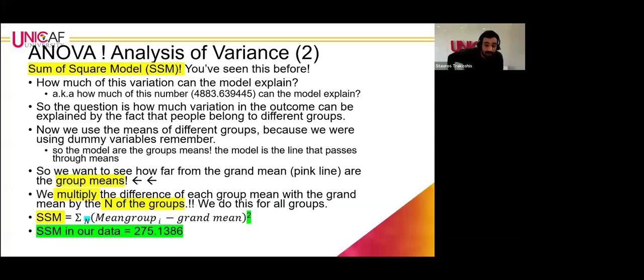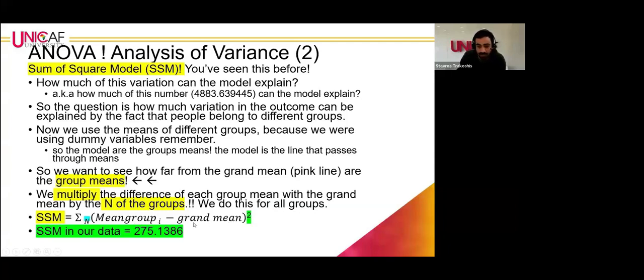We multiply the difference of each group mean with the grand mean by the n of the groups. We do this for all groups. So in order to calculate the sum of square model, for each group I get the mean, and I subtract from it the grand mean.